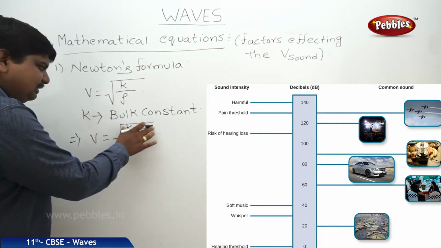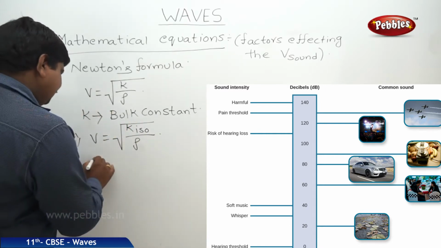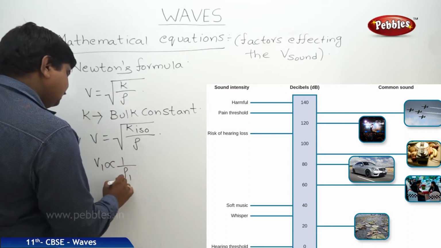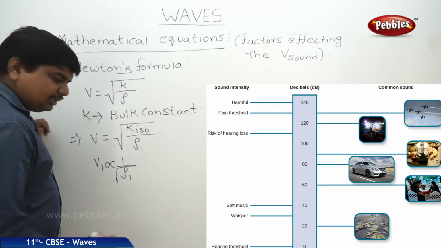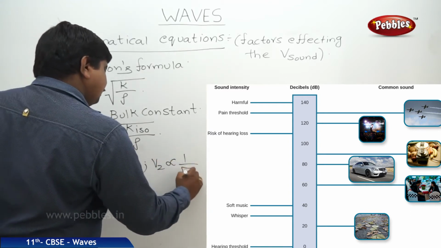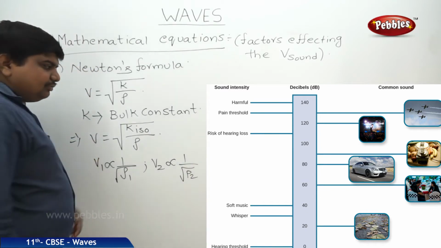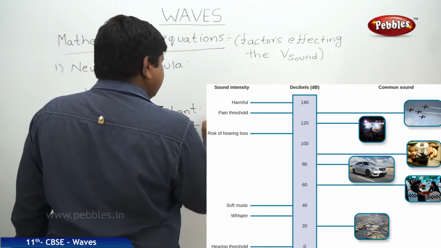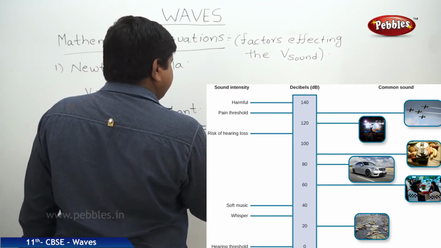So, if the isothermal constant is there, then we can write V1 is proportional to 1 by square root of rho 1 and V2 is proportional to 1 by square root of rho 2. From this, we can write V2 by V1 is equal to square root of rho 2 by rho 1.